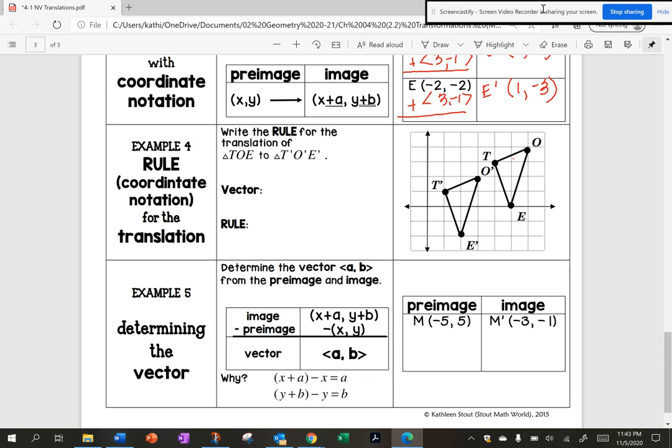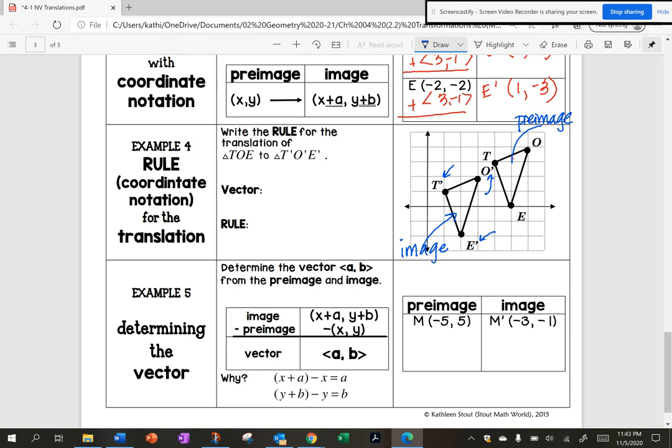And I can tell because I see the prime on these coordinates. So that tells me this is the pre-image and this is the image, or the copy. The academic word is image.